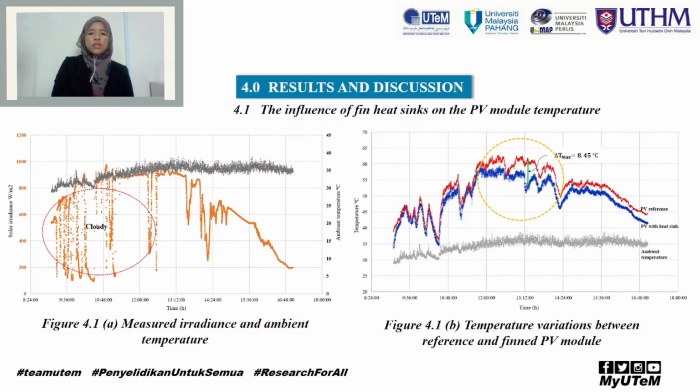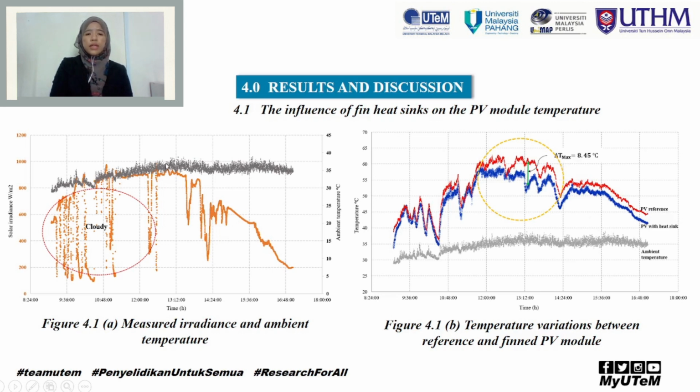So this is the result that I got. On figure 4.1a, it's the ambient temperature. The gray line is the ambient temperature during the day, and this is the irradiance.